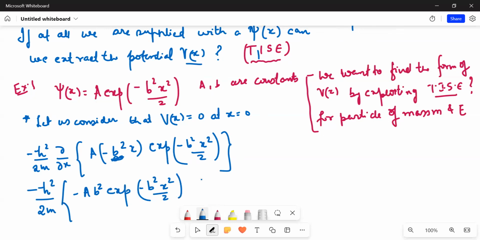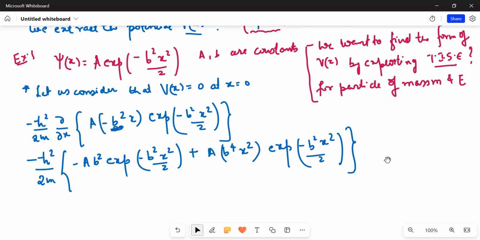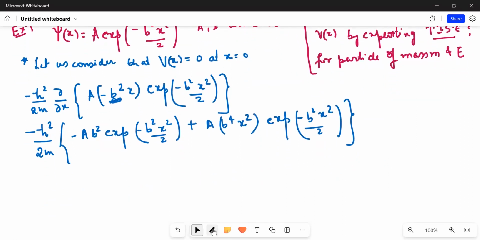And again, I have not taken the derivative of this part, so I'll have to take again a derivative here. So again, a will be a common thing.